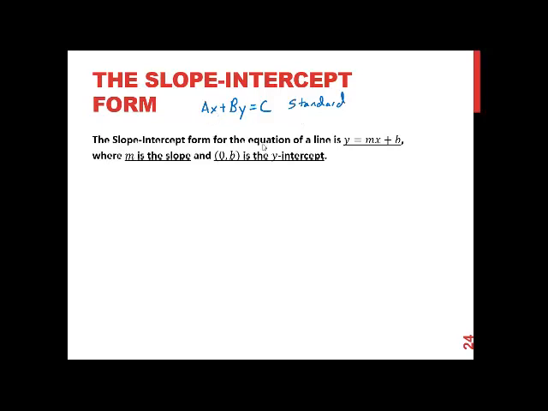Another form that we sometimes see these linear equations in two variables in is the slope-intercept form, and that is y equals mx plus b, where m is the slope. We already noticed that. And the y-intercept is at 0, b. Now some people call just one number the y-intercept. I avoid that. I think the y-intercept is a point, so it has to have an x and a y.